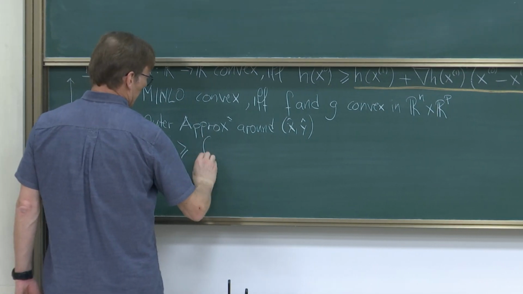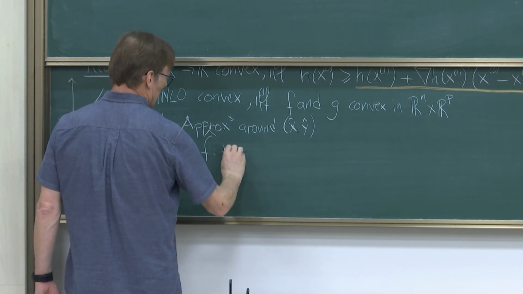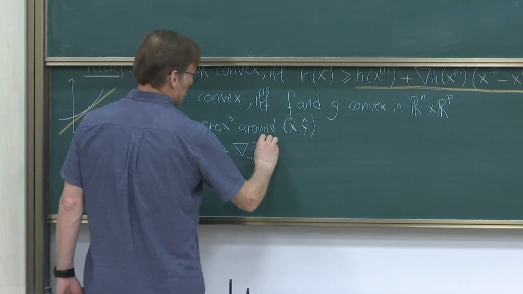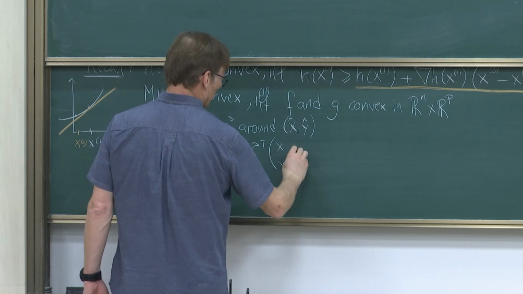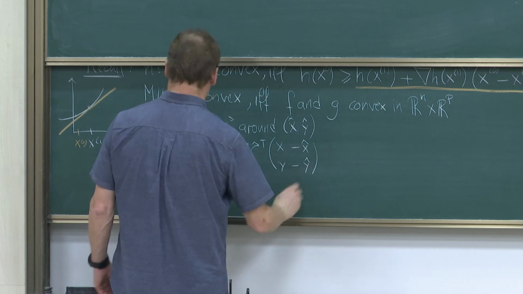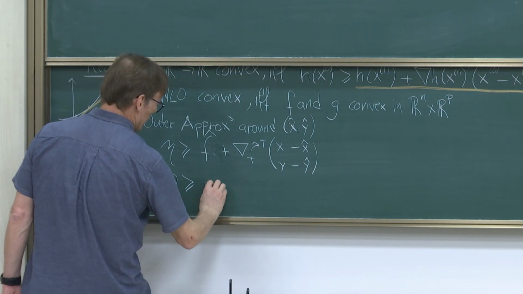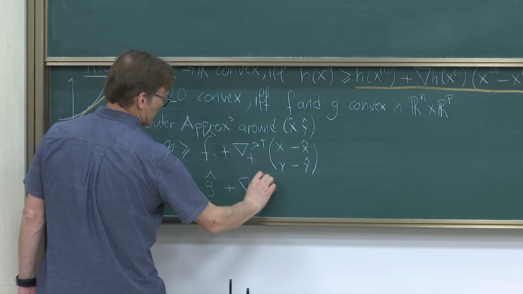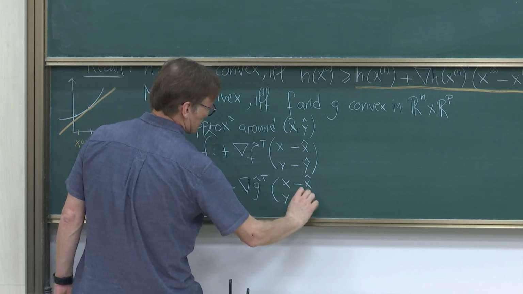First, eta is greater or equal to f of x hat plus the gradient of f at x hat transposed times x minus x hat, y minus y hat. And 0 is greater or equal to g hat plus the gradient of g hat transposed times x minus x hat, y minus y hat.